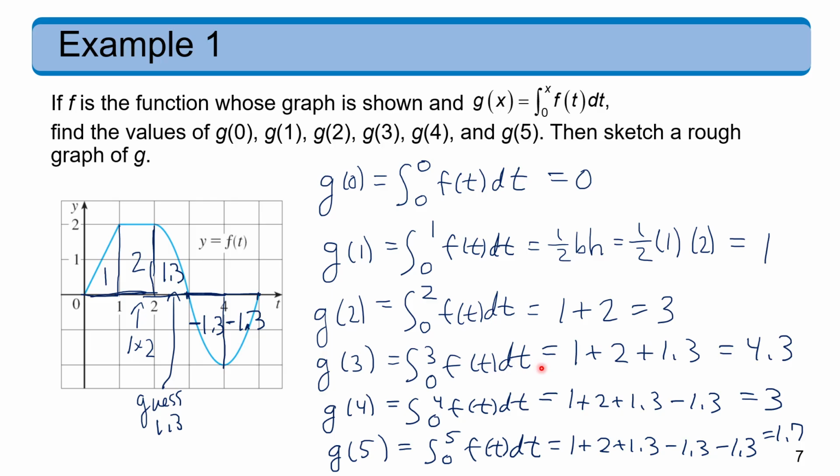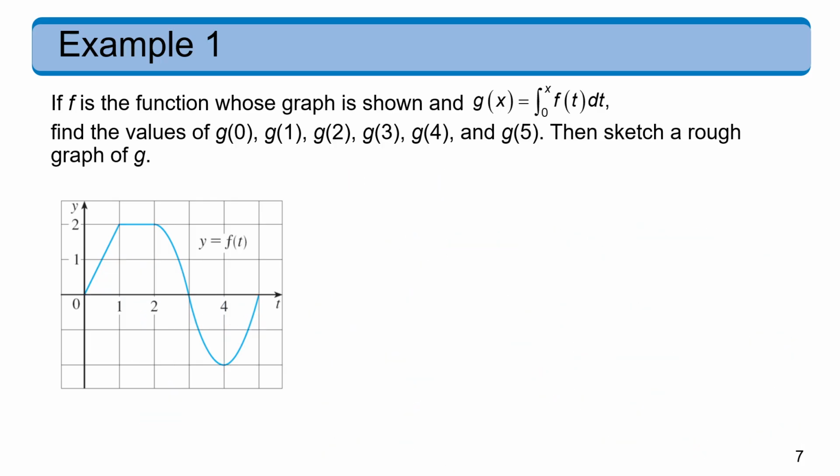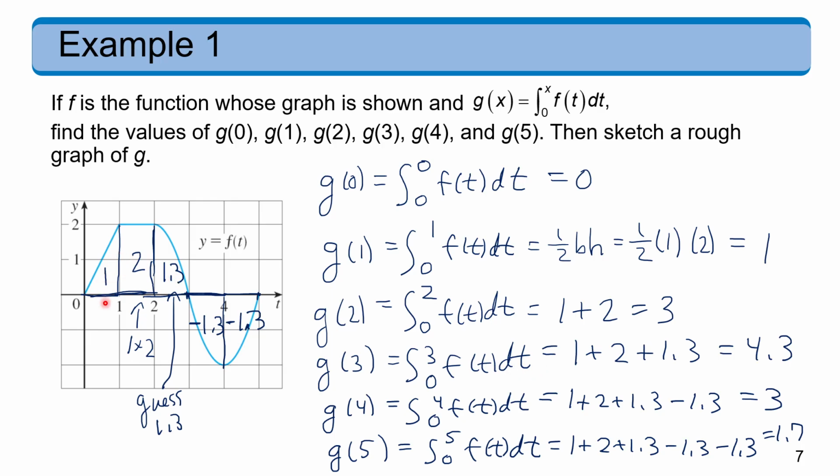G of 3, we were adding all 3. Now I wrote out all 3 separately. I wrote 1 plus 2 plus 1.3. But we could have just taken the result of the previous integral, which went from 0 to 2 being 3, and I could have just said it's 3 plus 1.3.